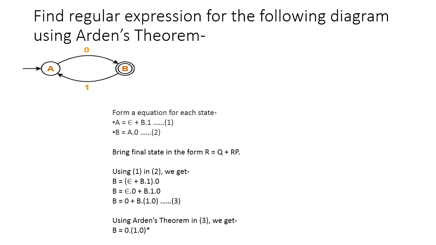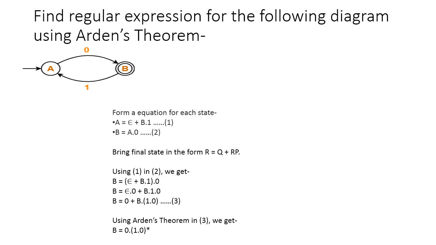Why have I added epsilon? Because it is the initial state. So A is equal to epsilon plus B into 1. And what is B? That is A into 0, because the incoming edge is coming from A for taking input 0. So B is A into 0, and for A, B into 1 plus epsilon.